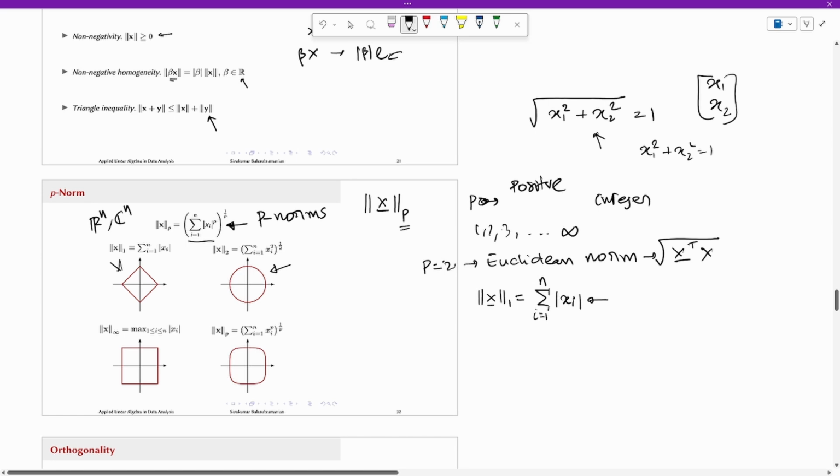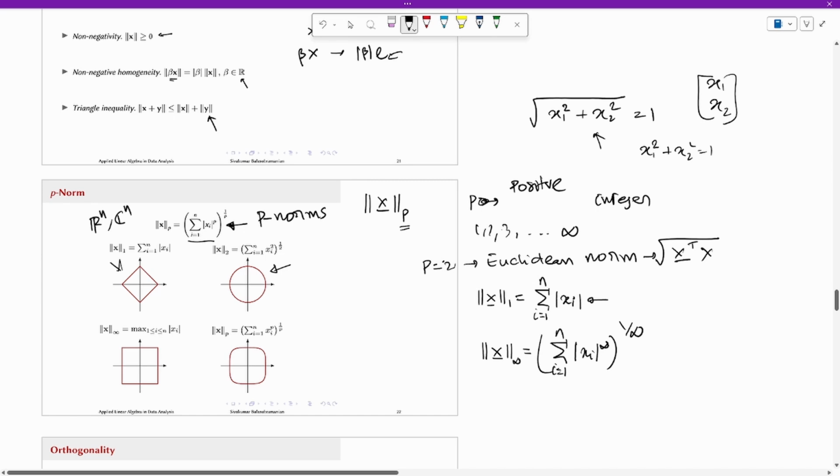The 2 norm is very common. The 1 norm is also quite common. And another norm that is quite common is the infinity norm. Now, if you go by the definition, you should ask, that makes no sense. That means we have an expression like this, to the power infinity.